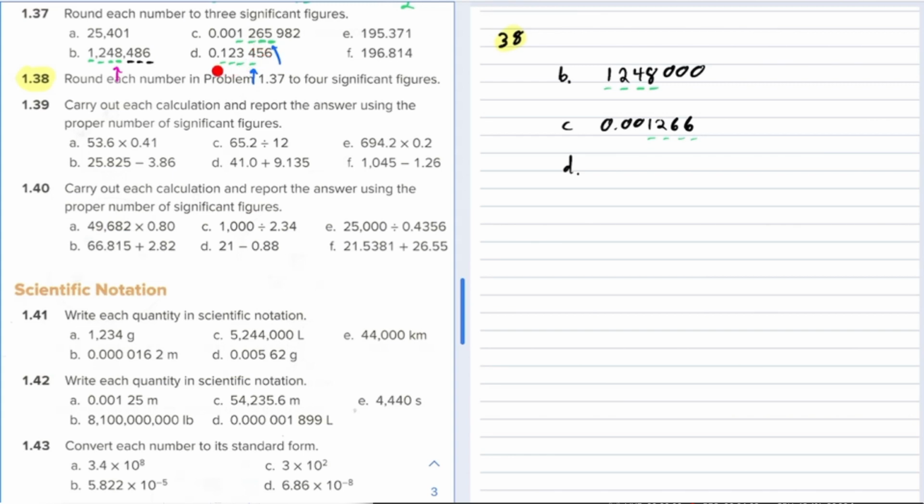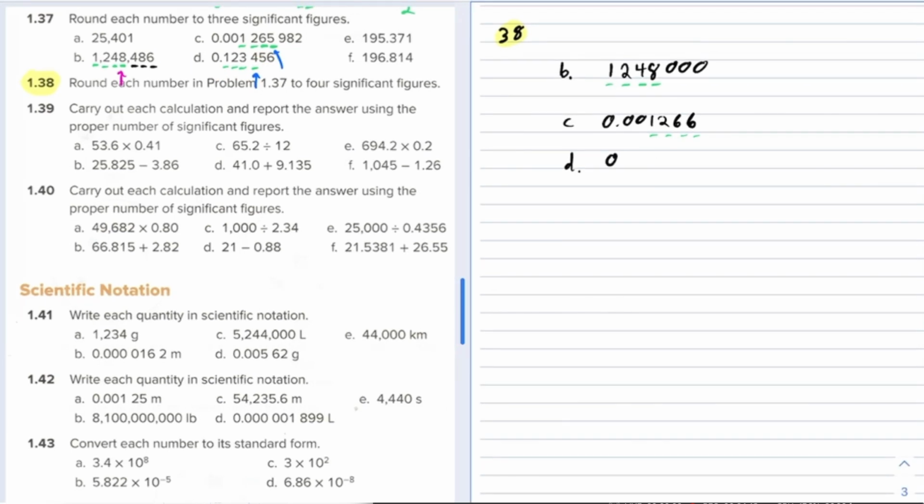So it's going to be 0.123, and the 4 is going to round up to 5. So 0.1235, and you leave the rest of it off, because if you put 0, 0, it would look like you have more than a 4 sig fig number. Okay, so 0.1235.